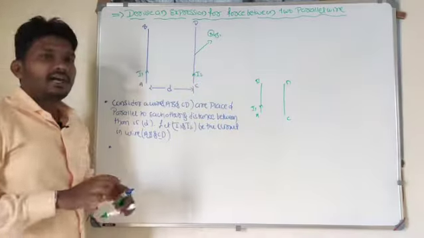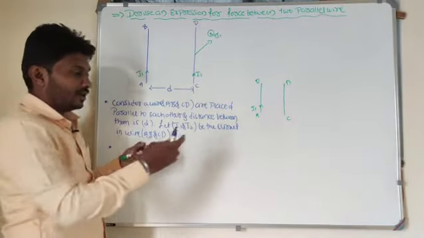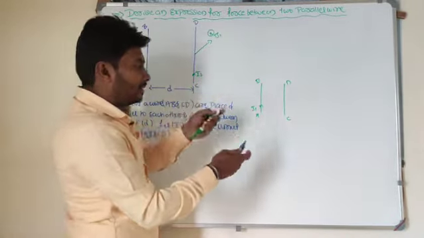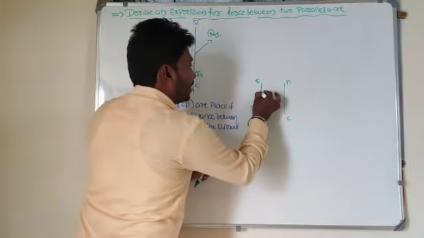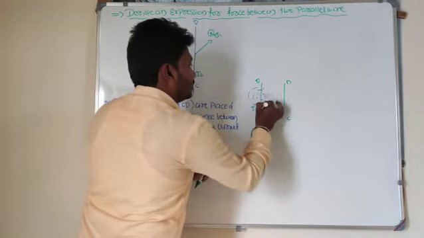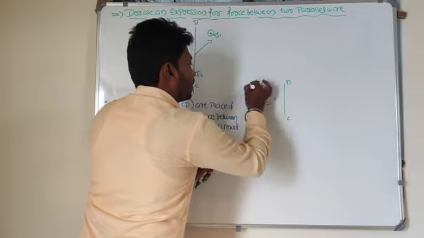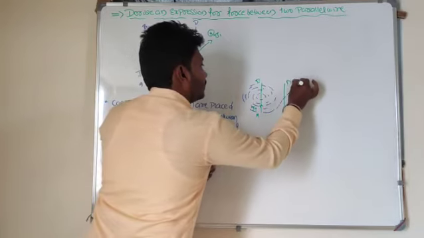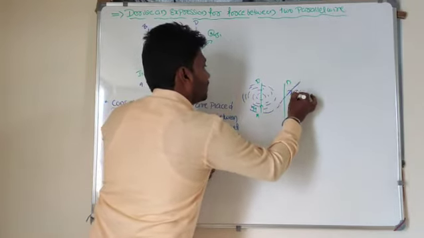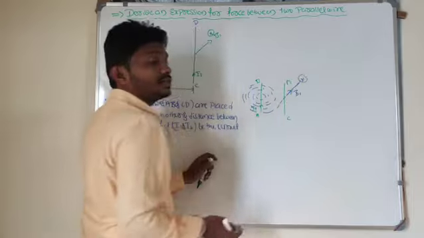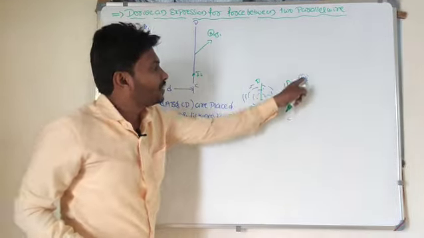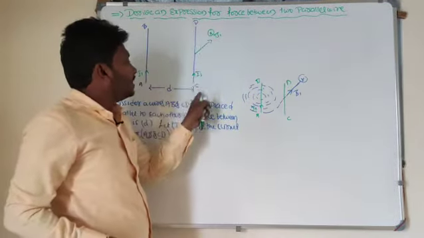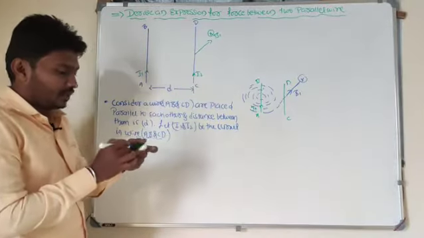Because of current I1, I get the magnetic field here. If this is the direction of current, this is the direction of the magnetic field around this wire. In this direction, magnetic field B1 acts on the wire CD.